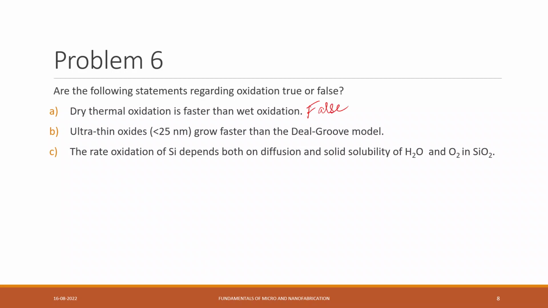The second one is: ultra thin oxides, less than 25 nanometer, grow faster than the Deal Grove model. So anybody?